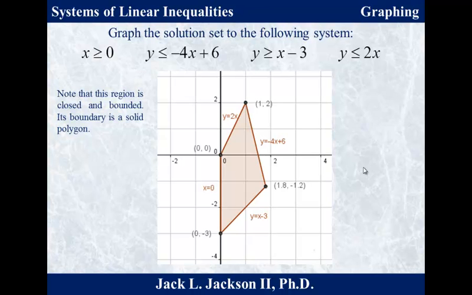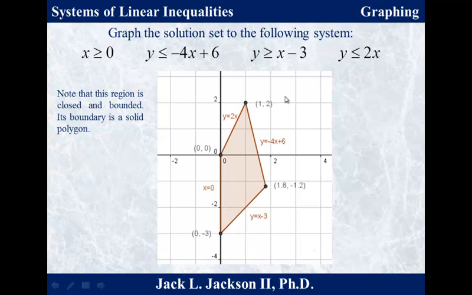The corners, the vertices of this quadrilateral, this polygon, are important for us. They're at 0, 0, the origin there, coming down, 0, -3, coming across here, 1.8, comma -1.2, and coming up here, 1, 2. Hopefully you found this region and labeled those coordinates of those vertices when you did this on your own.